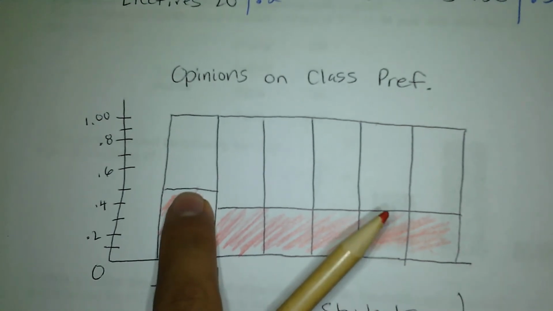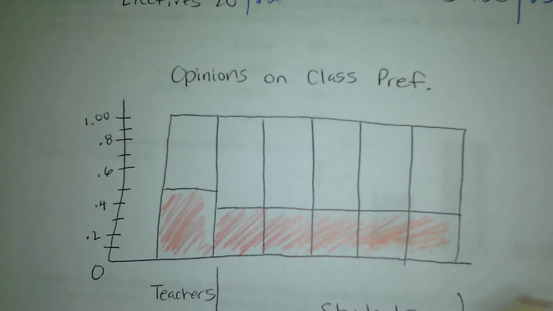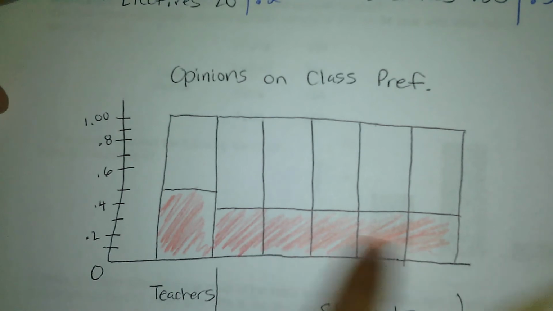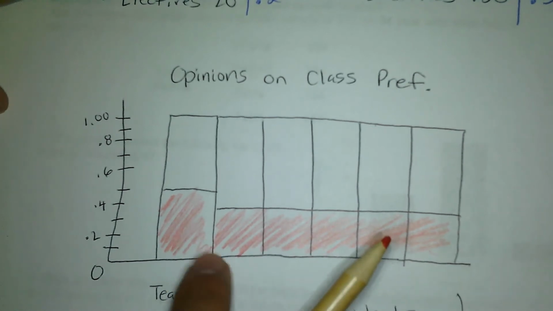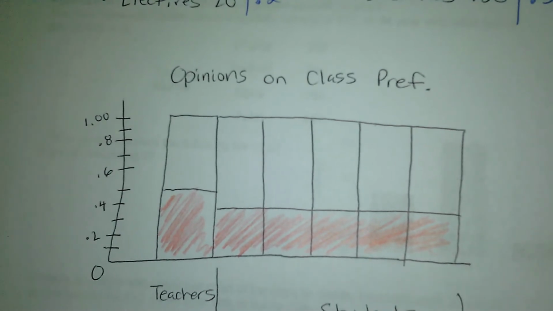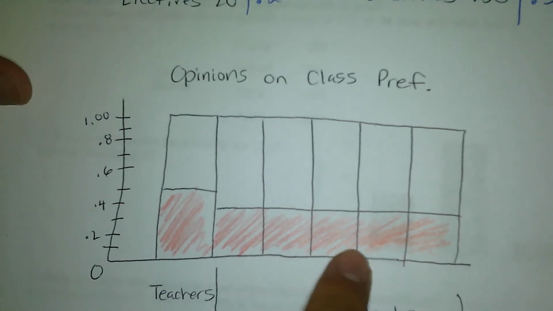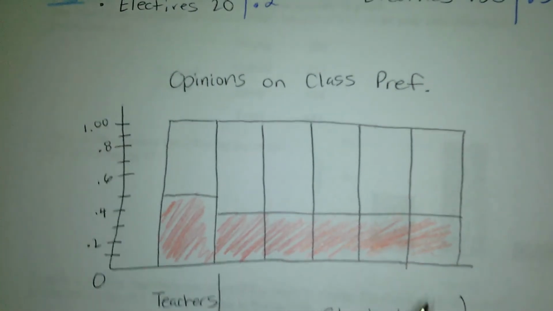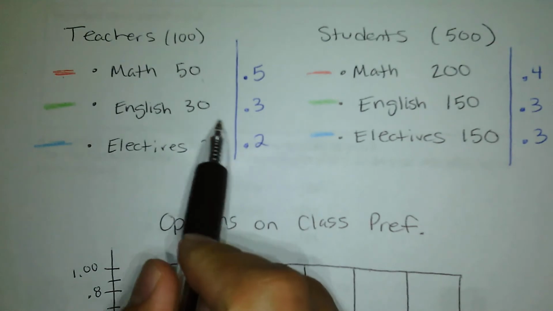So that's how I can indicate the 0.5 versus the 0.4. However, if we look at the frequency, well, I know that 5 times whatever the sample size of this group here was preferred that same category. Not to say like 5 times 50 equals 250, but just saying like the student sample was 5 times larger than the teacher sample.